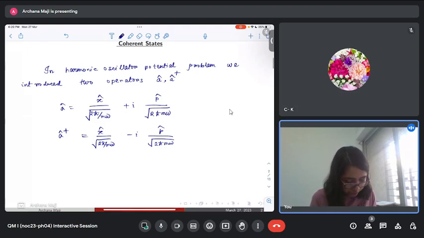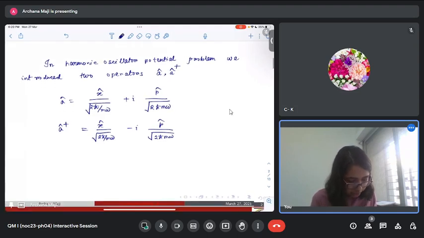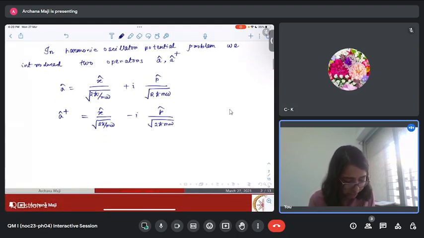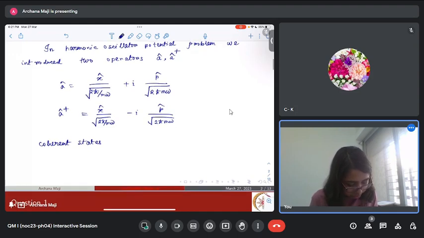And what are the coherent states? A coherent state is the eigenstate of the annihilation operator. You all know this, but I'm just recapping.